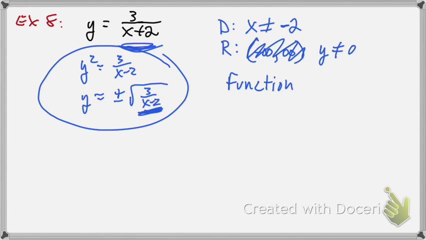And there's other values it couldn't be also. We'd do that same trick I did before under the radical, and I think you'd find that x has to be bigger than 2. So that's not a function.